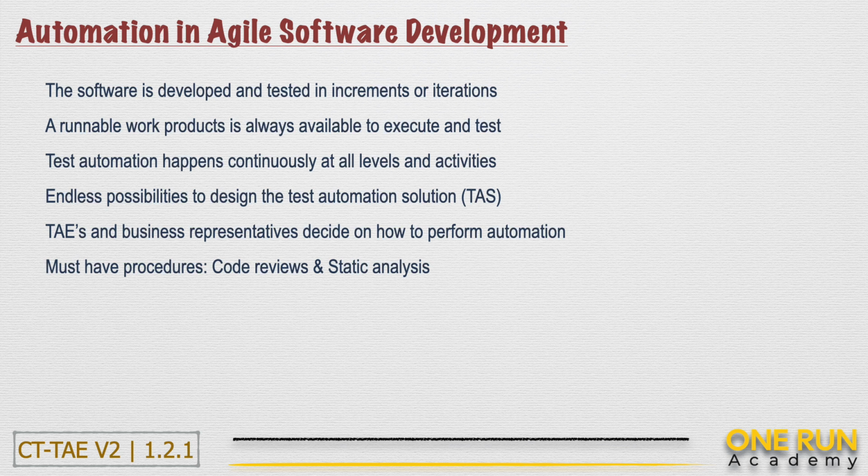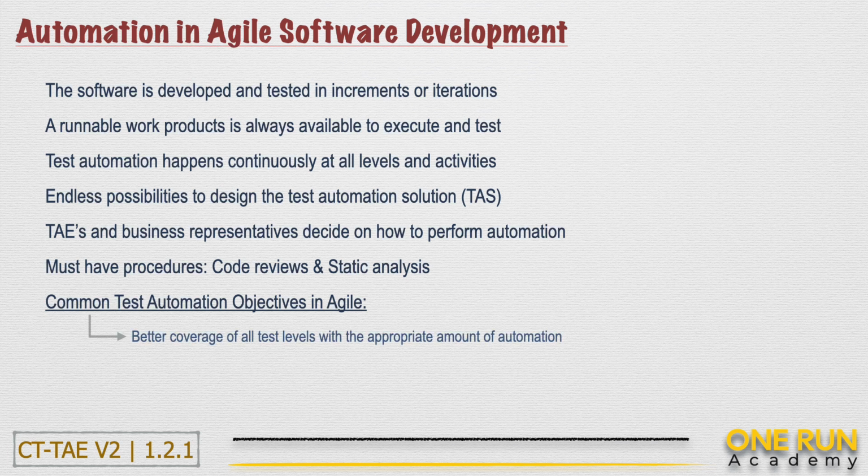Awesome. Let's wrap things up by looking at some common objectives of test automation in Agile. First, better coverage of all test levels with the appropriate amount of automation. You see, in Agile, we aim to automate what's most valuable, whether it's unit testing, integration testing, or system testing.